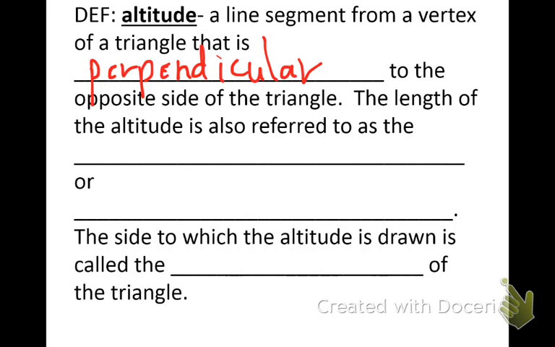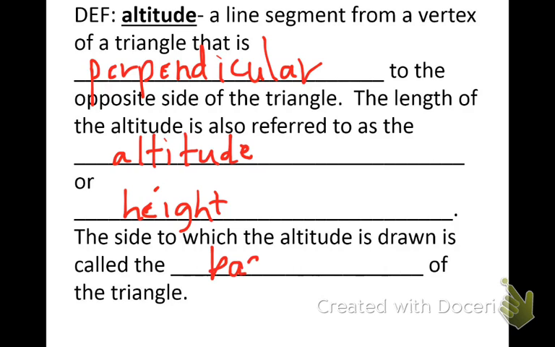The length of the altitude is also referred to as the altitude or height. So when we're talking about the number assigned to the altitude, we call that number height, or you can also call it altitude as well. The side to which the altitude is drawn is called the base of the triangle.